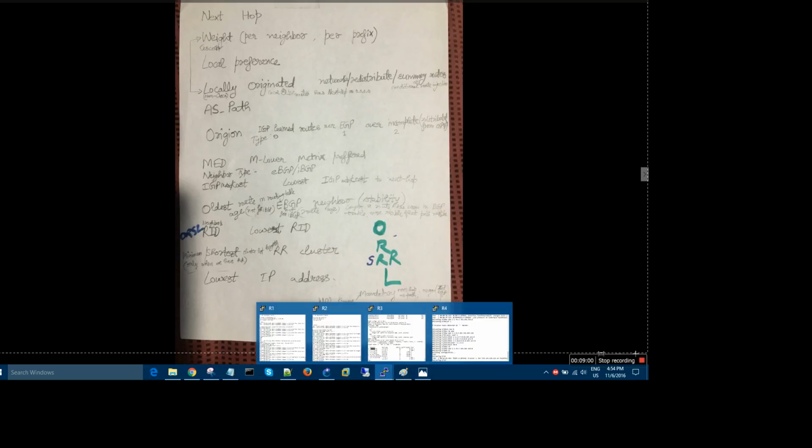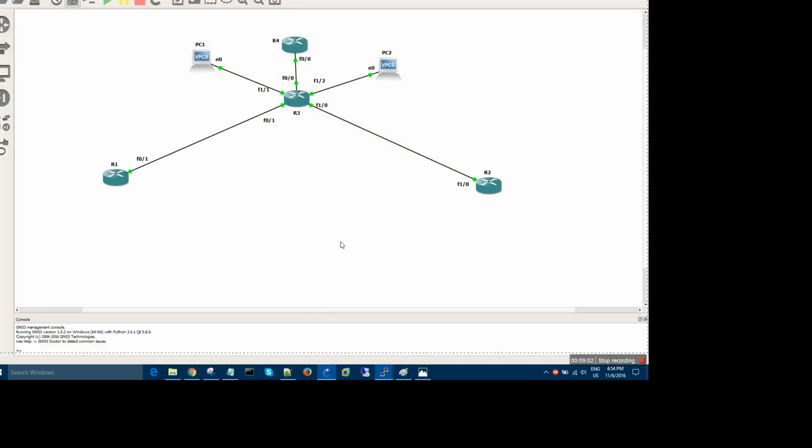What does that mean? In the simple topology, if I advertise a prefix on router 4 and router 3, they are IGP. This is internal, 1 AS, router 3 and 4.